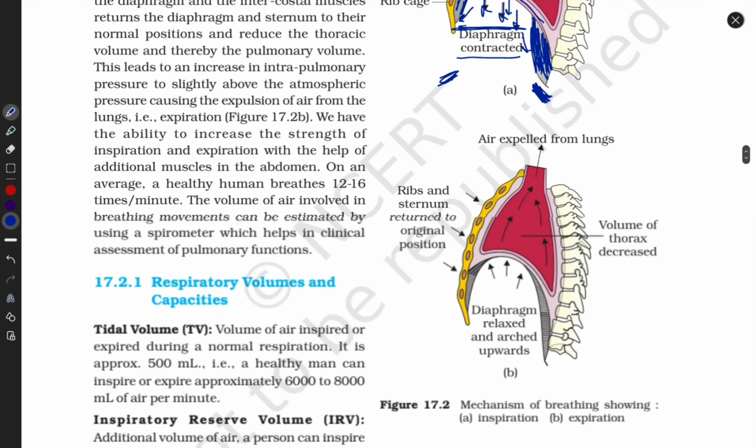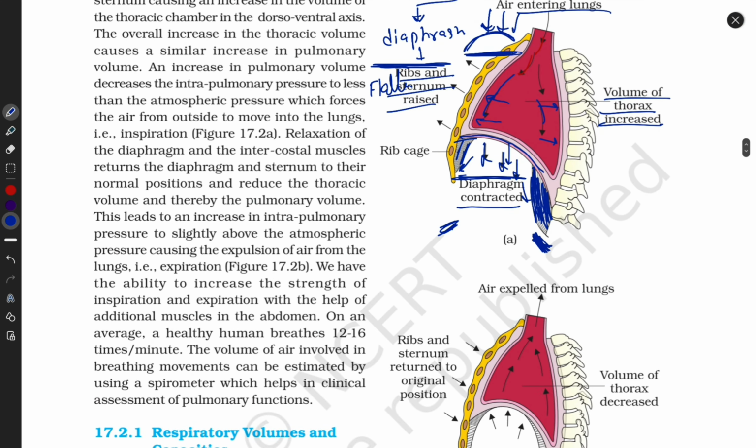Okay. Now the next process is expiration, meaning exhalation. I'm writing here.